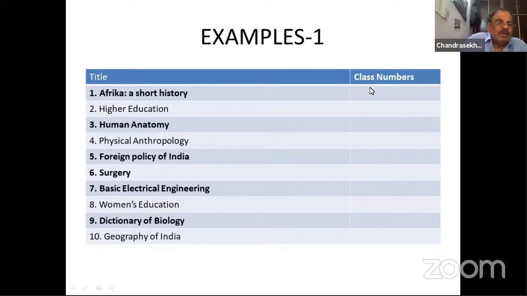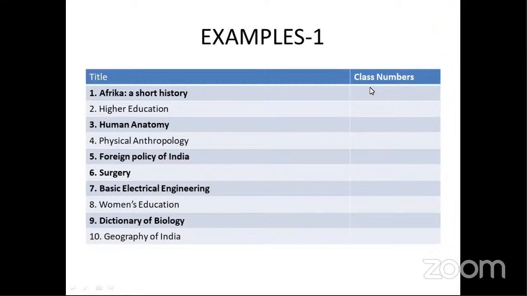Then human anatomy. It relates to medicine, so all the medical aspects are dealt with in 610.